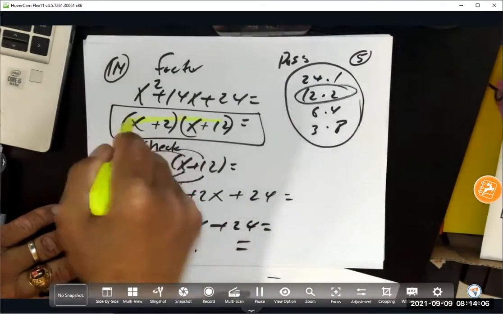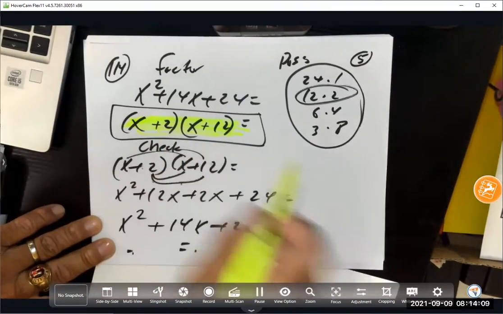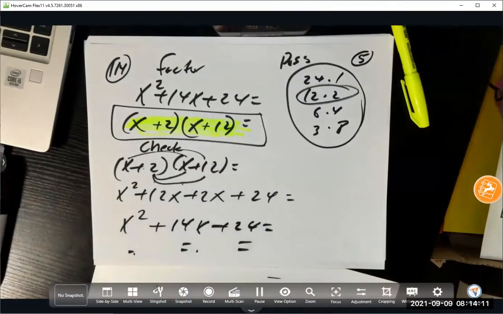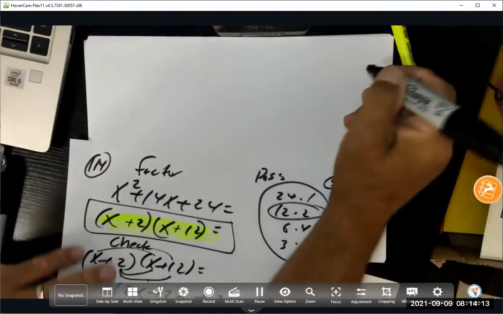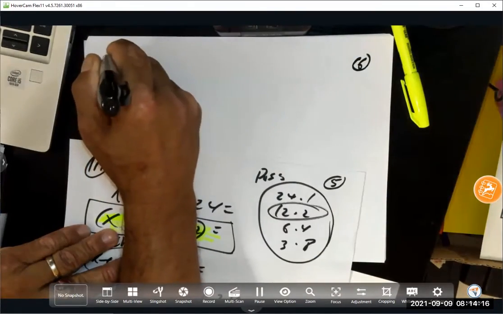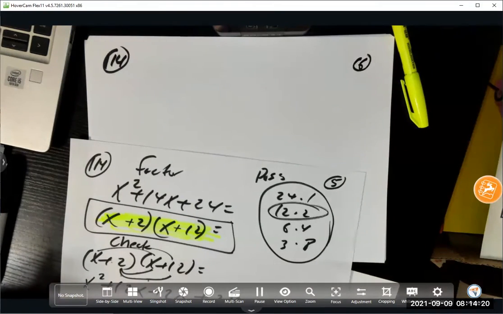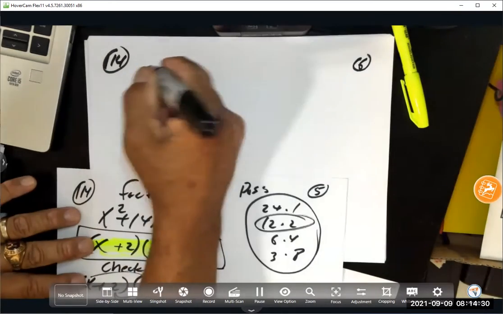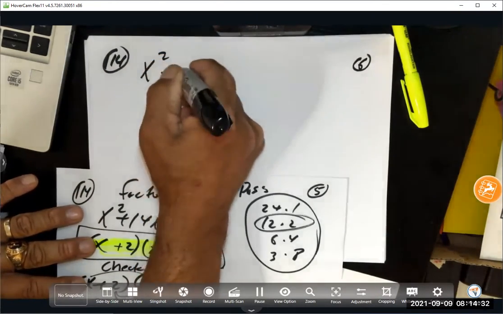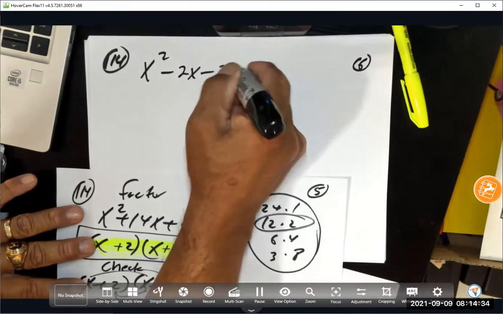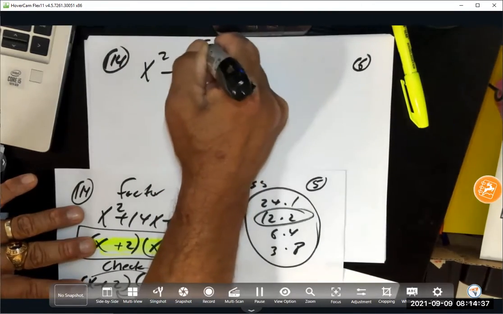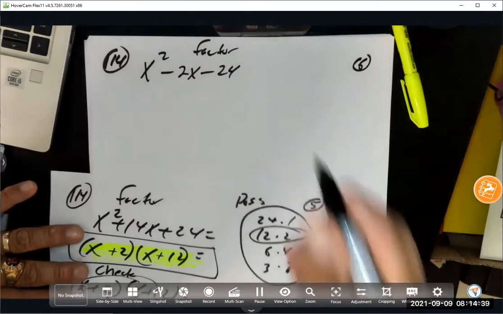These are all pluses. I'm going to change to a minus in a second, okay? Hopefully you can still do it. So let's put a minus. x squared minus 2x minus 24 is what we factor.